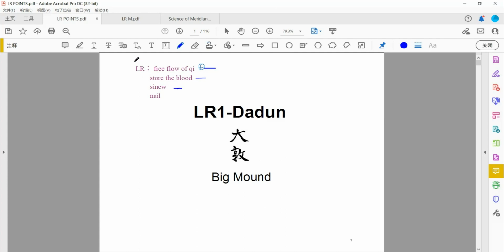There could be liver depression. The liver's free flow of qi function is affected. And storing the blood is closely related to menstruation, the period.